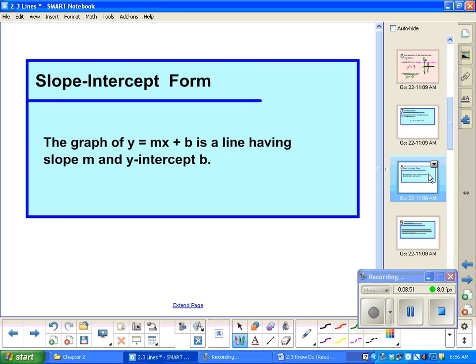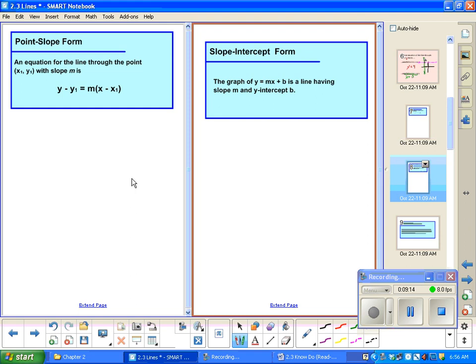Second form we're going to look at, slope-intercept form. The graph of y equals mx plus b is a line having a slope m and a y-intercept of b. So m stands for the same thing in slope-intercept form that it did for point-slope form. Now, the y-intercept is still a point, but it's a very specialized point, whereas in point-slope form, if I go back and look at our dual page there, the point was any random point, with the slope.